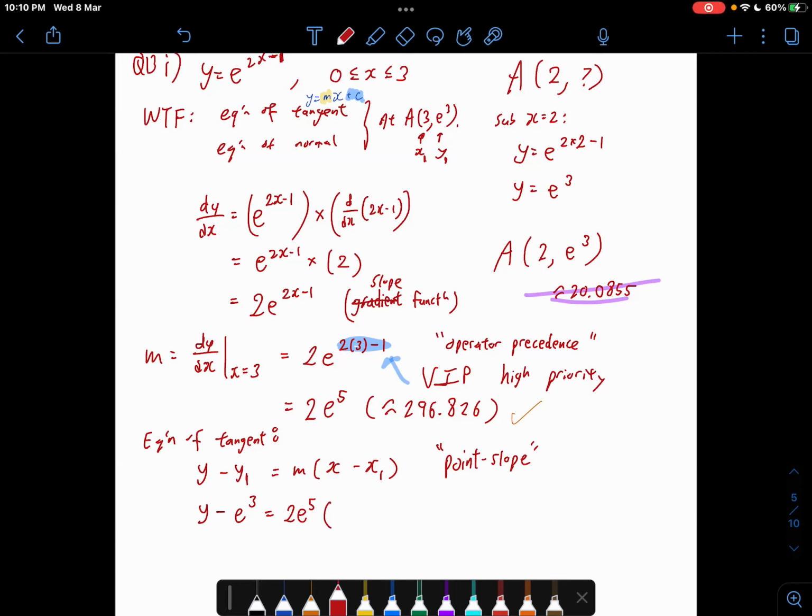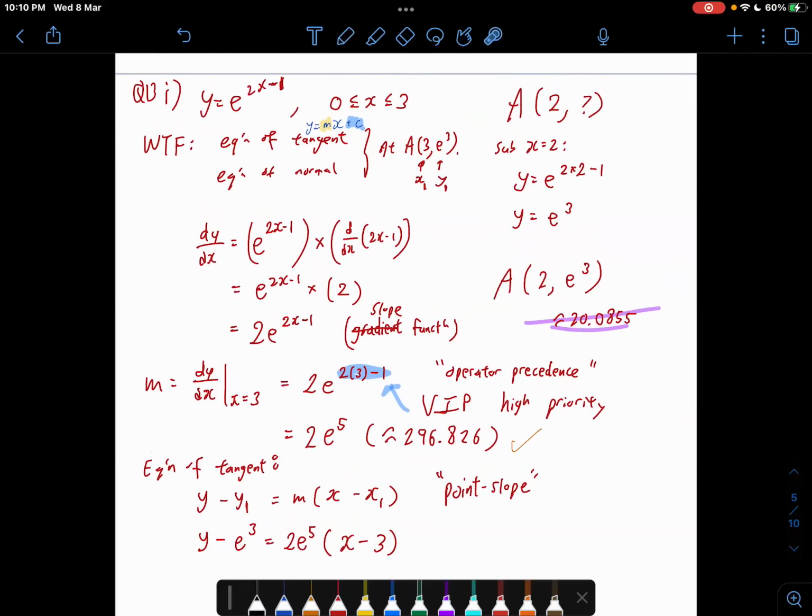Bracket x minus... where's x1? Where do I get my y1 from? You mean 3? Don't scare me, why got 2? 3, don't be confused.